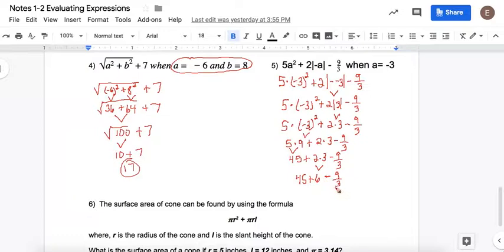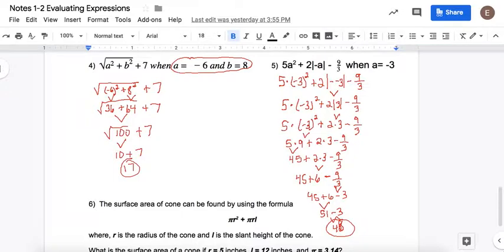And finally, I have division here. 9 divided by 3 is 3, so 45 plus 6 minus 3. 45 plus 6 is 51 minus 3, and 51 minus 3 is finally 48. That was a long one, a lot of steps. This is an 8 here. I know it doesn't look like an 8. There we go. So 48.